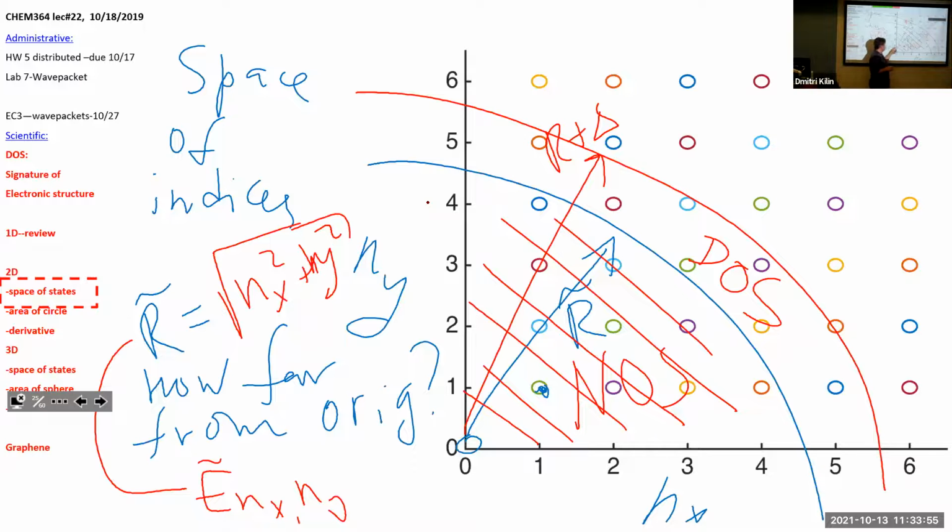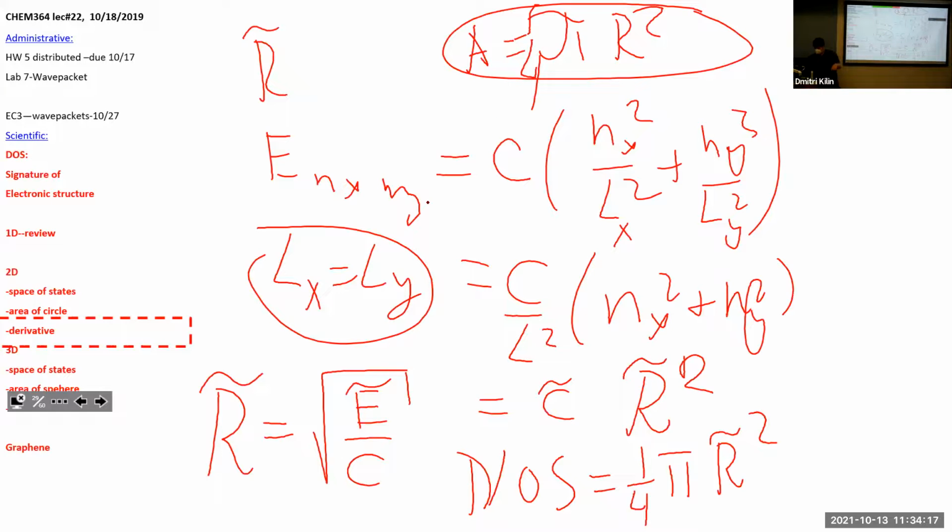We can immediately tell the number of states based on your high school equations. As soon as we have the equation for the radius, we can use pi r squared, as Sibyl taught us. But since it is not a full circle but a quadrant, we divide it by 4, right? So the number of states is 1/4 pi r squared.